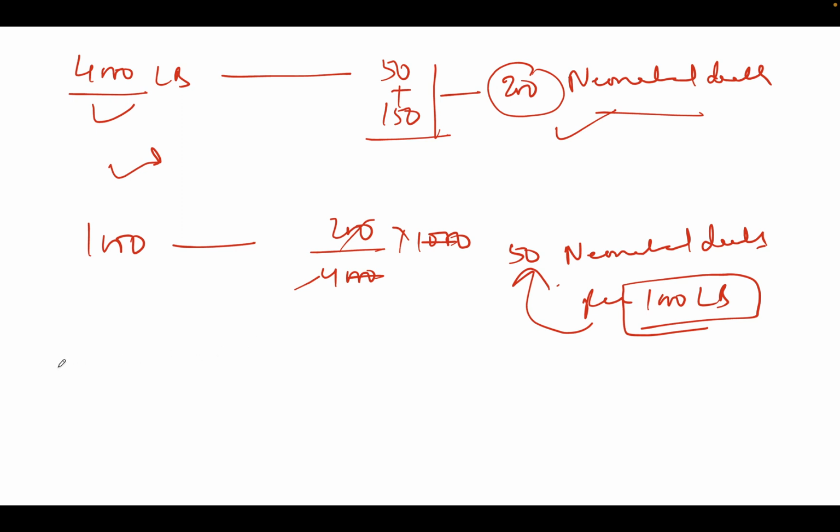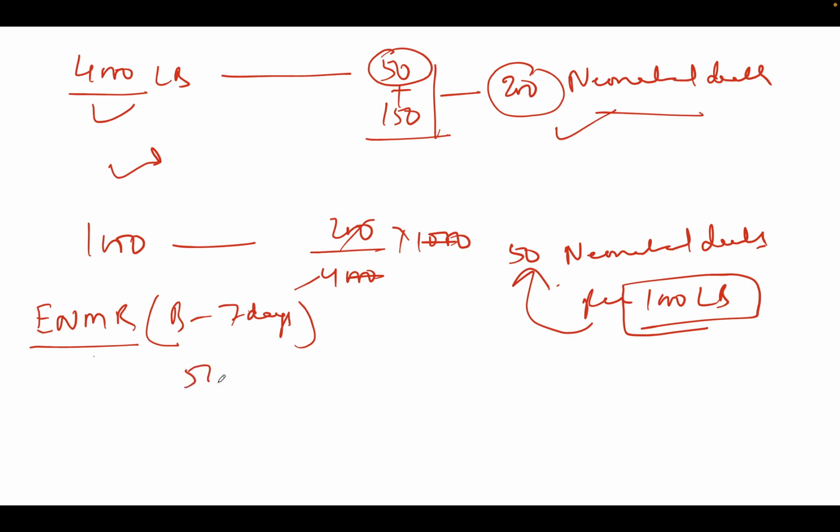In this question, they are not asking for it, but if they ask me to calculate the early neonatal mortality rate, that means birth till 7 days, and they have already given the information: 50. So it will be 50 divided by 4000, the same principle, into 1000. If they tell me to calculate the late neonatal mortality rate, then it will be from 8 to 28 days.